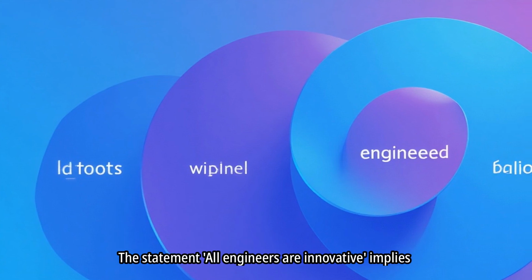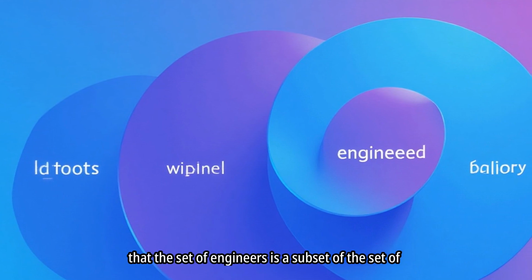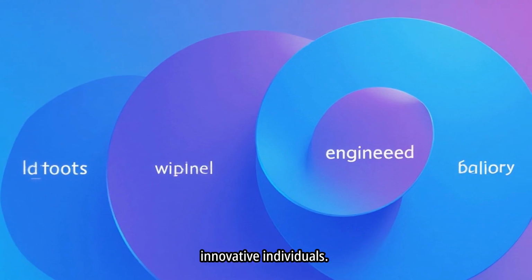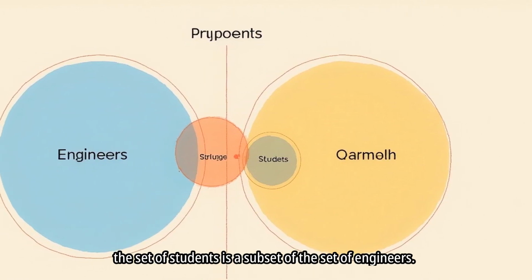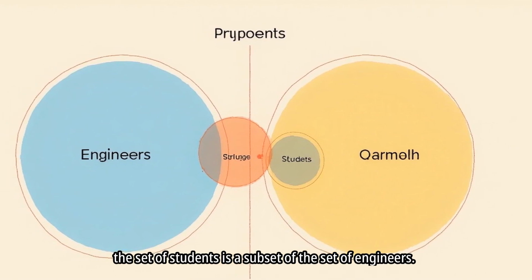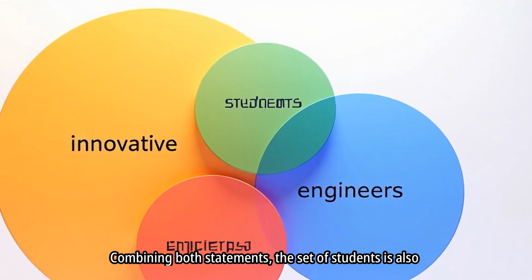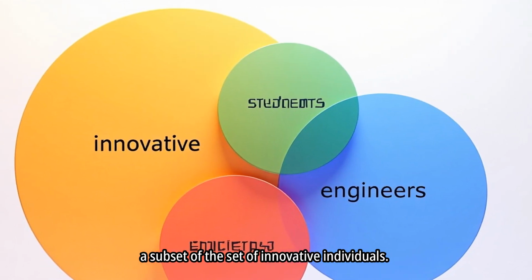The statement, all engineers are innovative, implies that the set of engineers is a subset of the set of innovative individuals. The statement, all students are engineers, implies that the set of students is a subset of the set of engineers. Combining both statements, the set of students is also a subset of the set of innovative individuals.